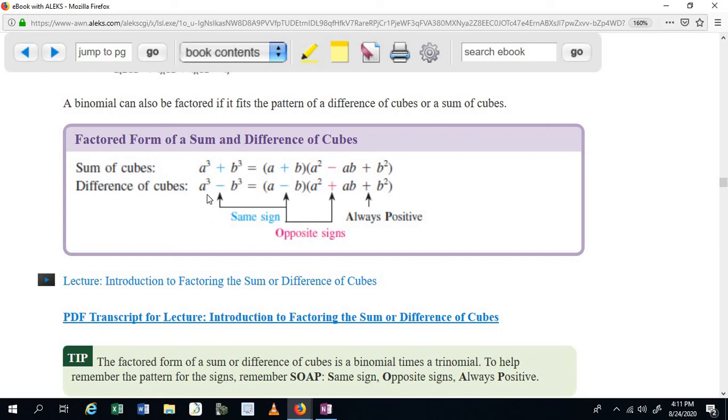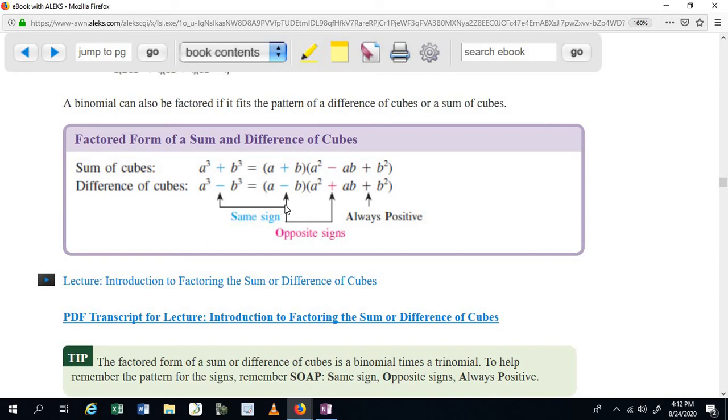We also have a special case when we have the difference of cubes. So a cubed minus b cubed factors into a minus b times a squared plus ab plus b squared. And if you were to multiply this out, you would find that it's equal to a cubed minus b cubed.